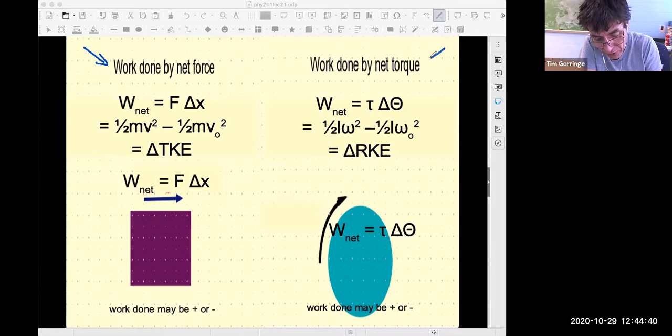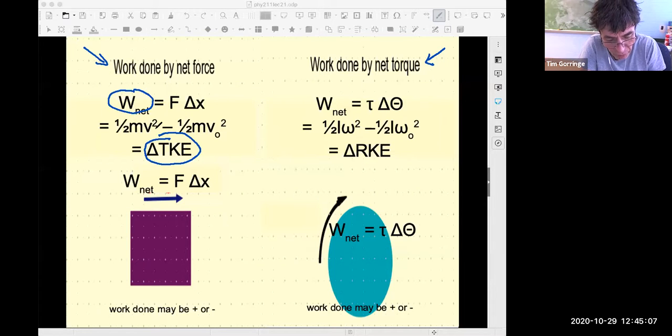On the right-hand side, we've got the work energy relation for the action of a torque and rotational motion. In both cases, for translational motion, forces do work, and that corresponds to a change in kinetic energy, where the kinetic energy is 1/2 times the mass times the square of the speed.